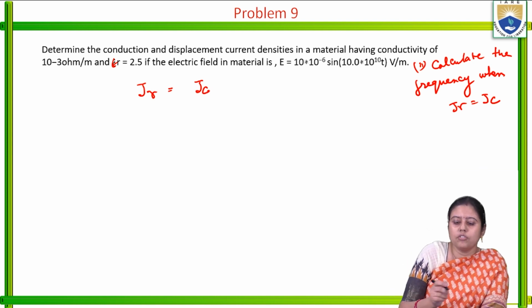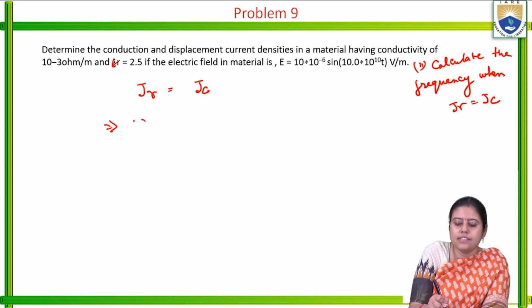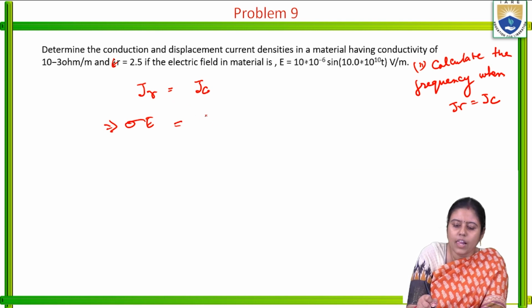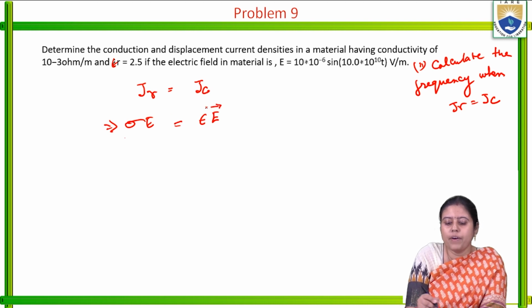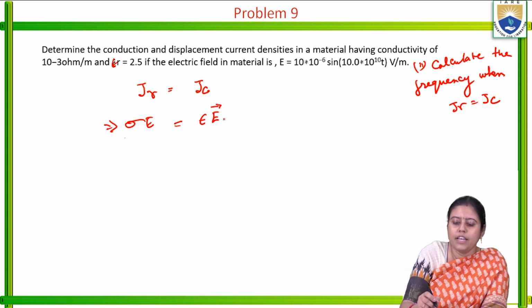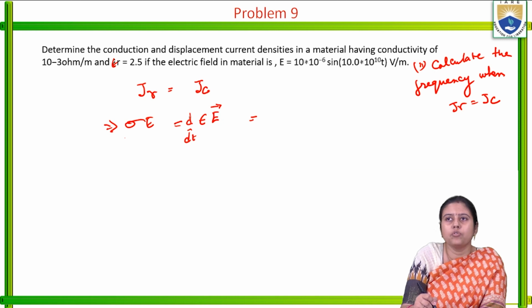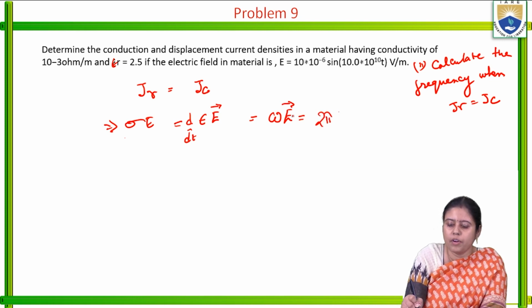So JR is equal to JC means we can write sigma E is equal to, what is the value of the JC? JC means nothing but epsilon into E. So sigma E is equal to d by dt into epsilon into E. So we can also write d by dt as omega, and omega is 2 pi f.